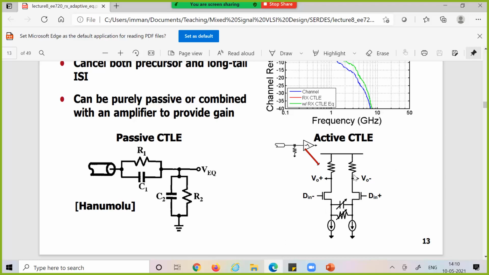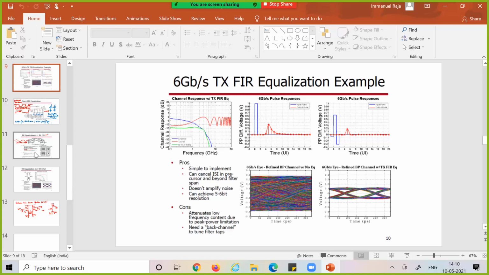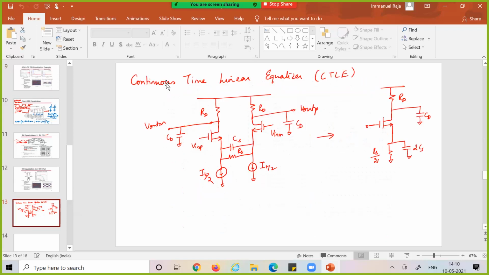And so if I just move back to my slides from last class, this is a differential CTLE where it's a differential amplifier, but at the source of the two transistors, you connect a parallel combination of RS and CS. Right? And if you draw the small signal single-ended equivalent, or rather the single-ended differential half circuit, the half circuit looks something like this.